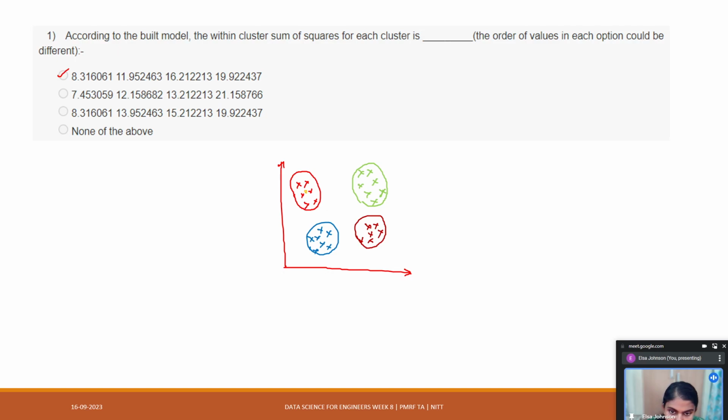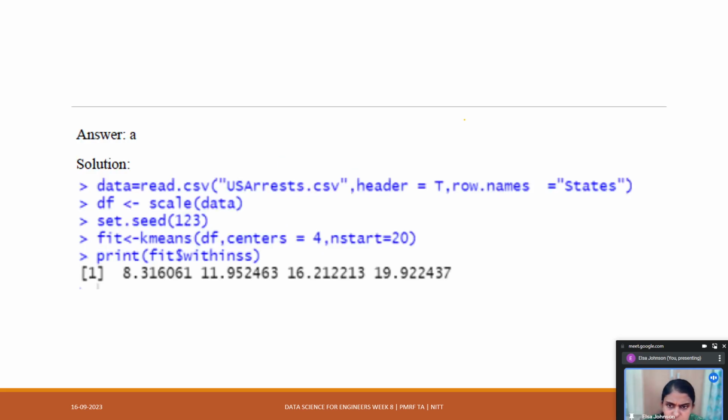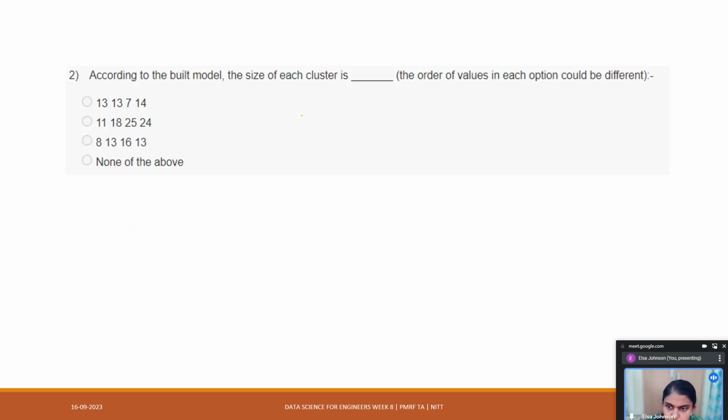You might be finding some cluster points in all this data, and within the cluster, the sum of squares. That means inside the cluster you have found out the sum of squares. Okay, so this is the answer, this is how you have to do it.